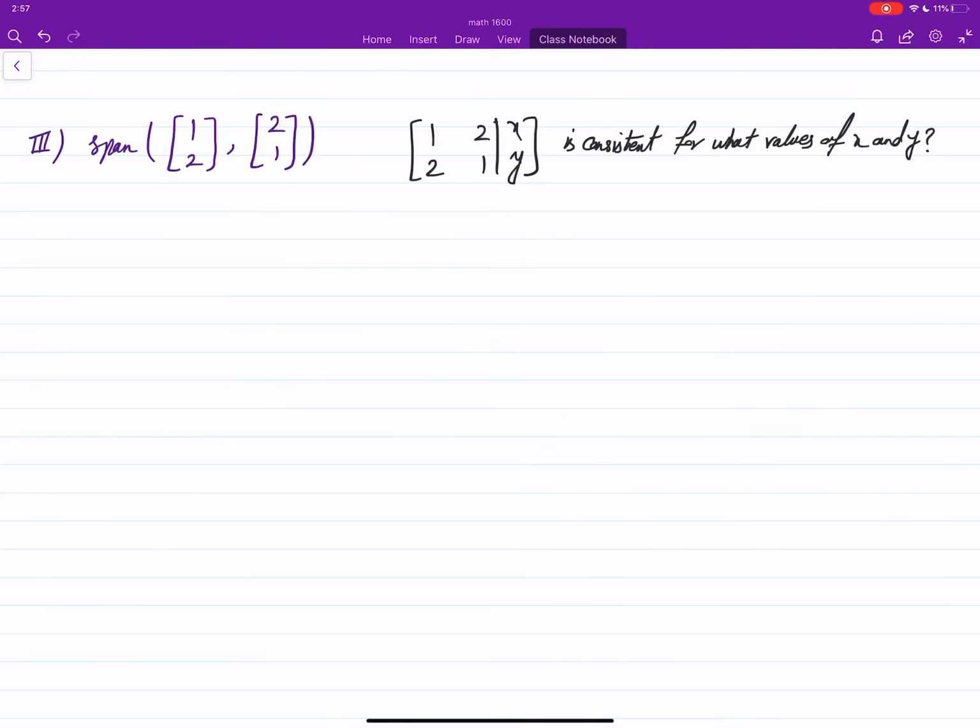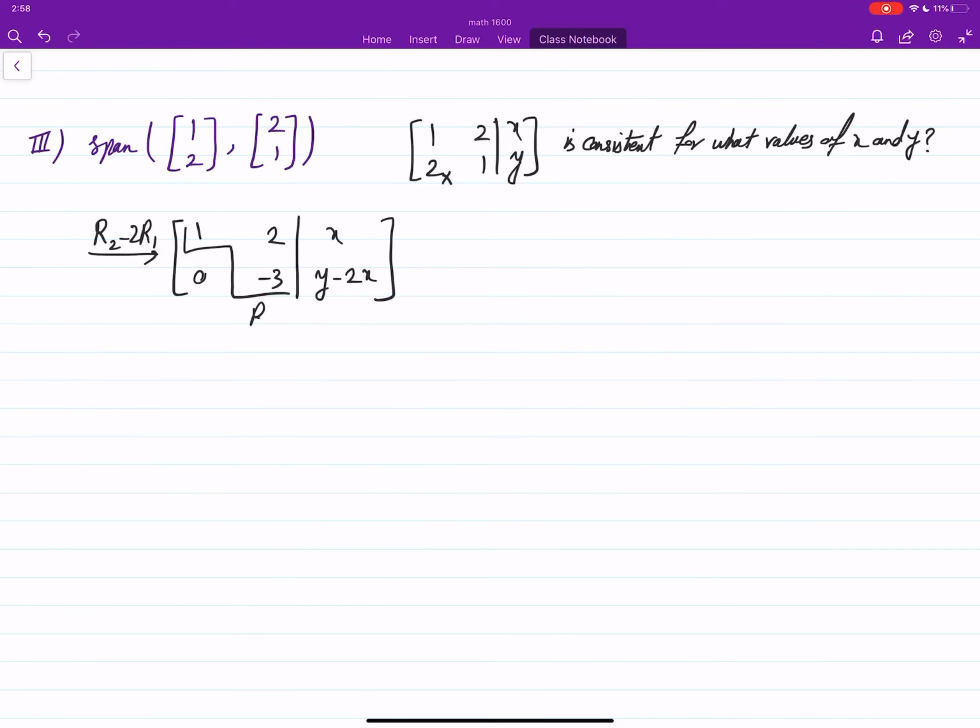Well, we make this 0 by row 2 minus 2 row 1. So this will be 0, minus 4 plus 1 is negative 3, and this will be y minus 2x. And then 1, 2x. And this is row echelon form.